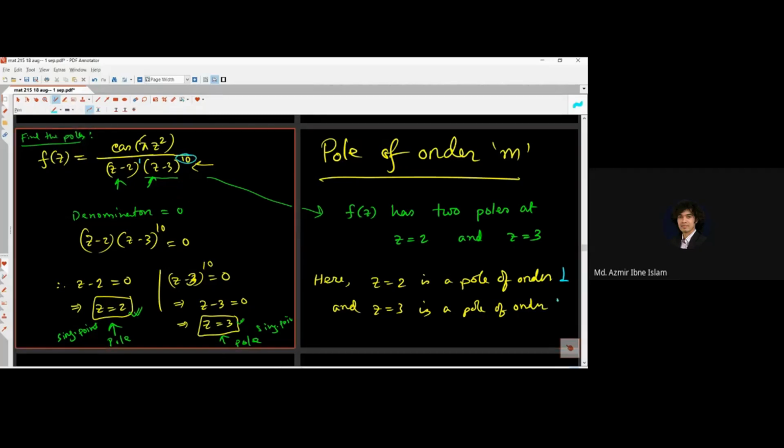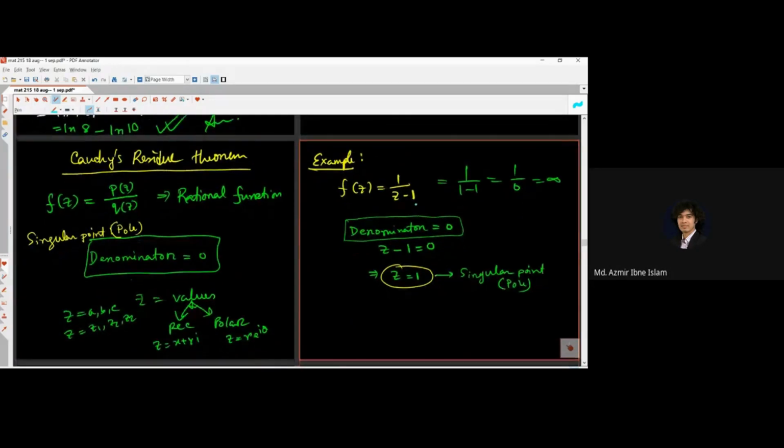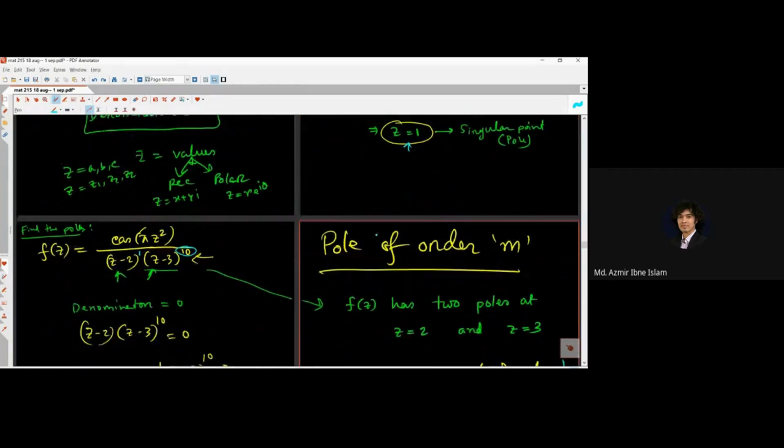Is that okay? So this is the pole of order m. Similarly, for this example, z equal to 1 is a pole of order 1. Clear? So from the power of the factor, you can understand what is the order of that corresponding pole. Clear?